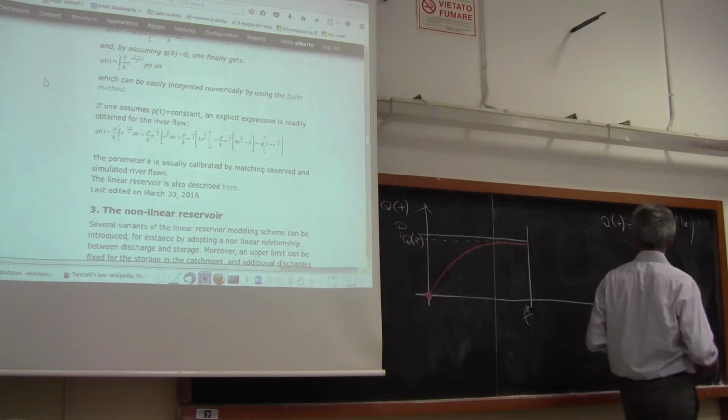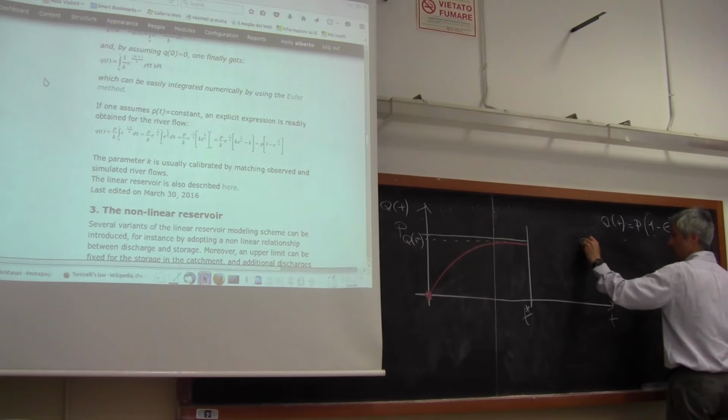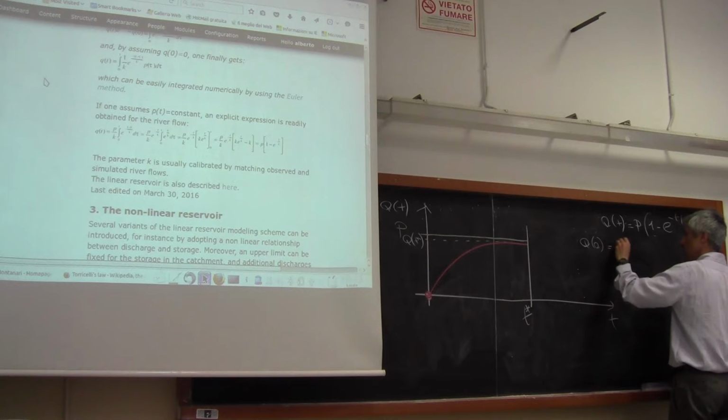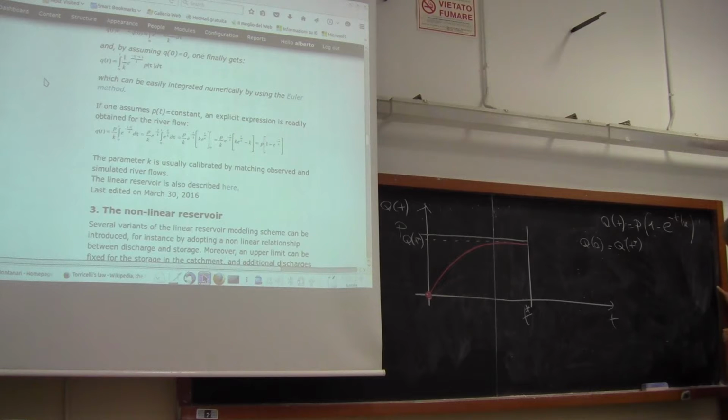If I restart again, let me call the initial condition Q0, it should be equal to Q(t star). And so I should go back to the previous equation, because I cannot assume that the initial condition is given by 0.